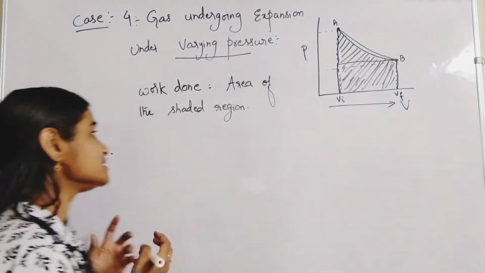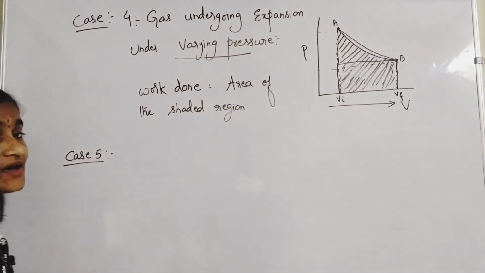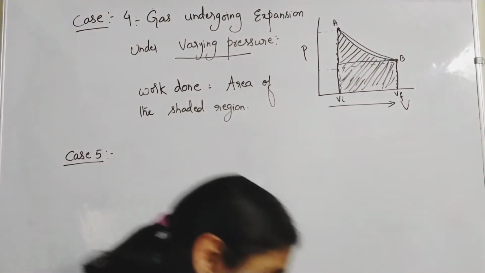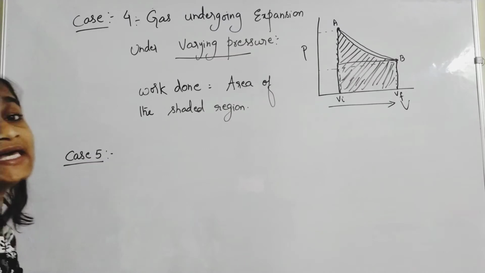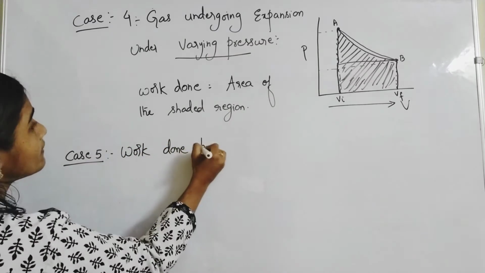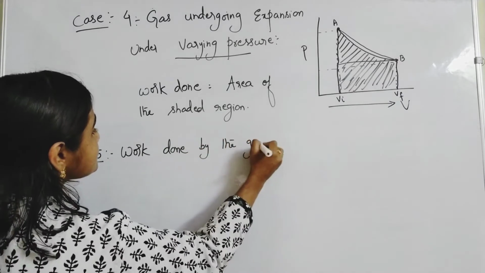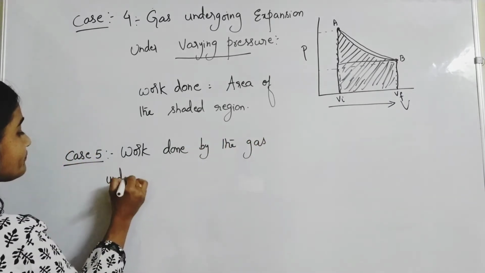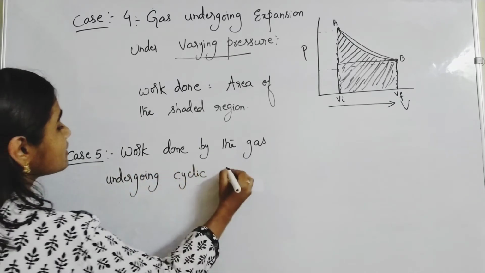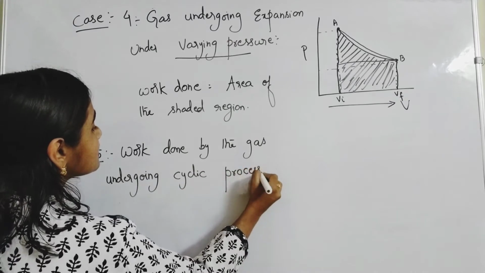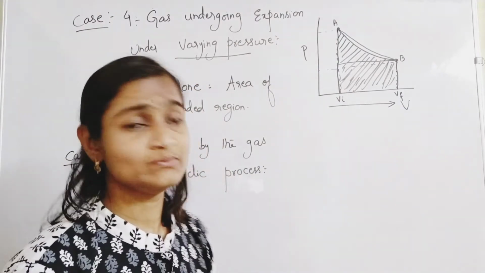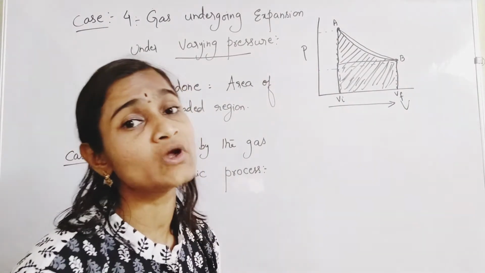Okay, so let us see. Case 5: work done by the gas undergoing a cyclic process. Cyclic process means where the process starts, there only the process ends.